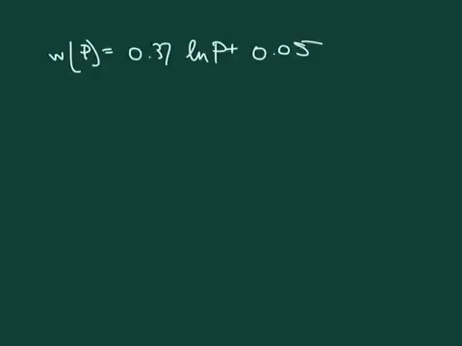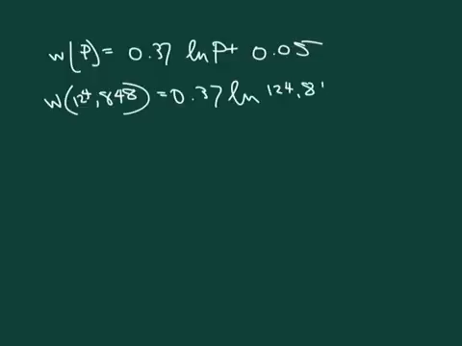So for example, A, the population of Hartford, Connecticut is 124,848. Okay, that's P. So W, instead of P, we're going to put 124,848 in: W equals 0.37 ln of 124,848 plus 0.05.